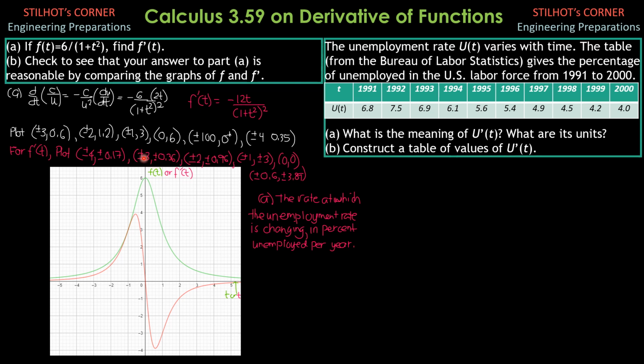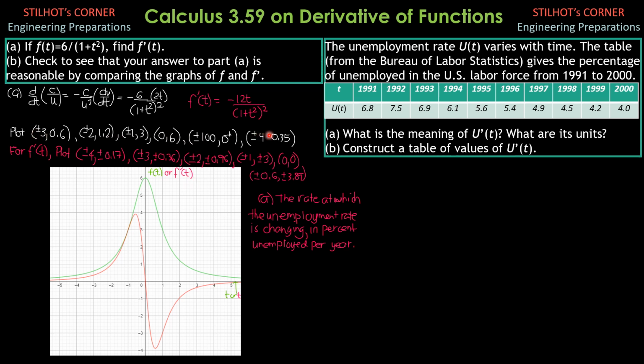So if it is positive 3, it is negative 0.36. If it is negative 3, it is positive 0.36. So that's the pairing. For positive, the partner is negative. For negative, the partner is positive.